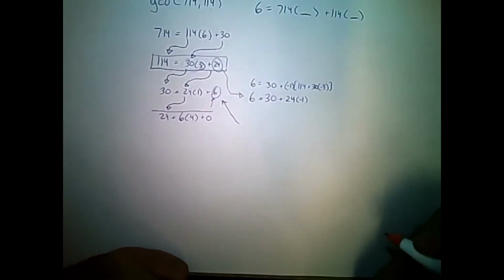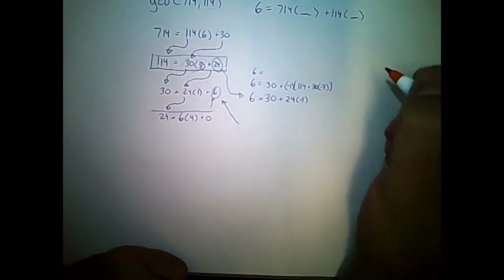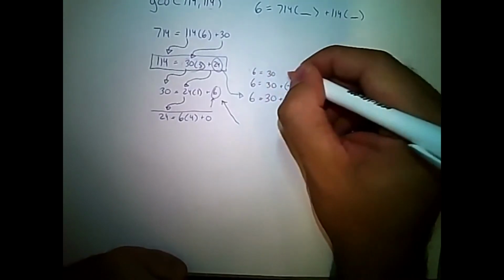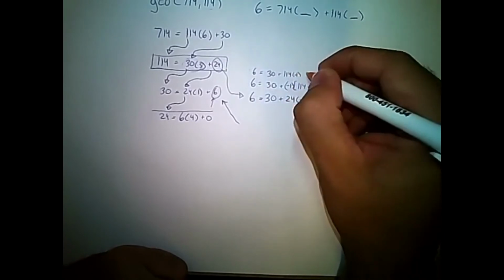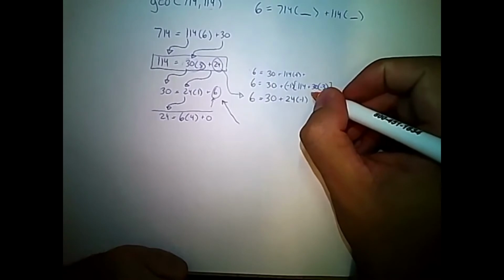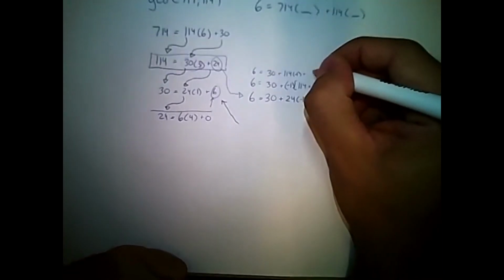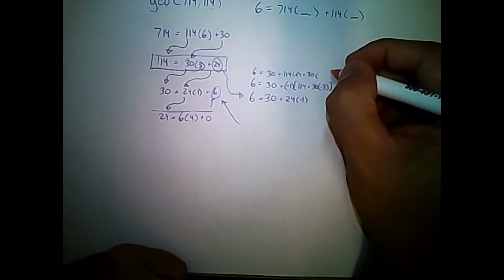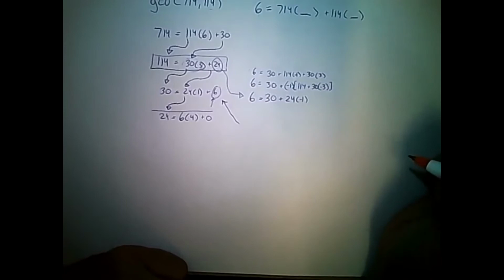Once I've done this step, let me distribute out this negative 1 to make things a little nicer. I get 30 plus 114 times minus 1 plus 30 times 3. We simply flip the sign here.